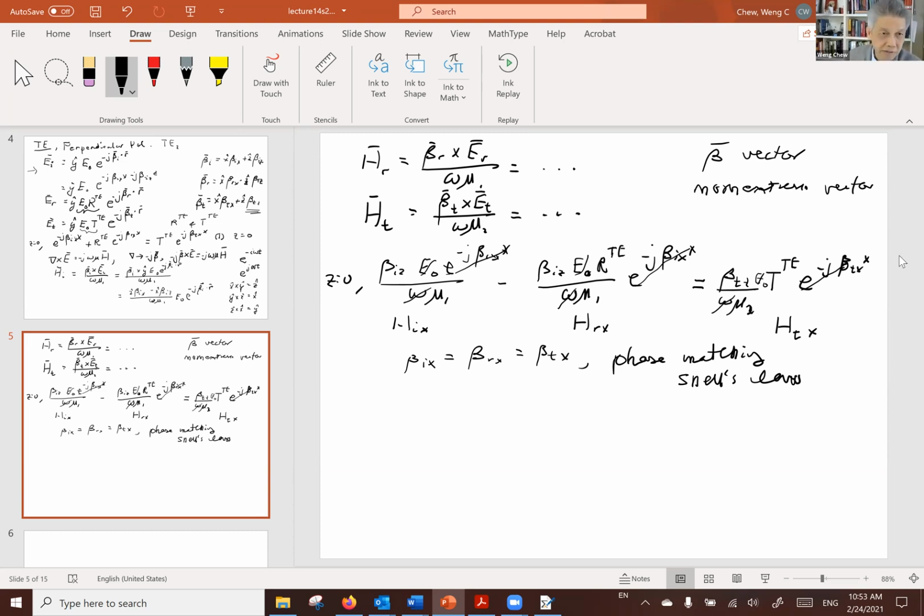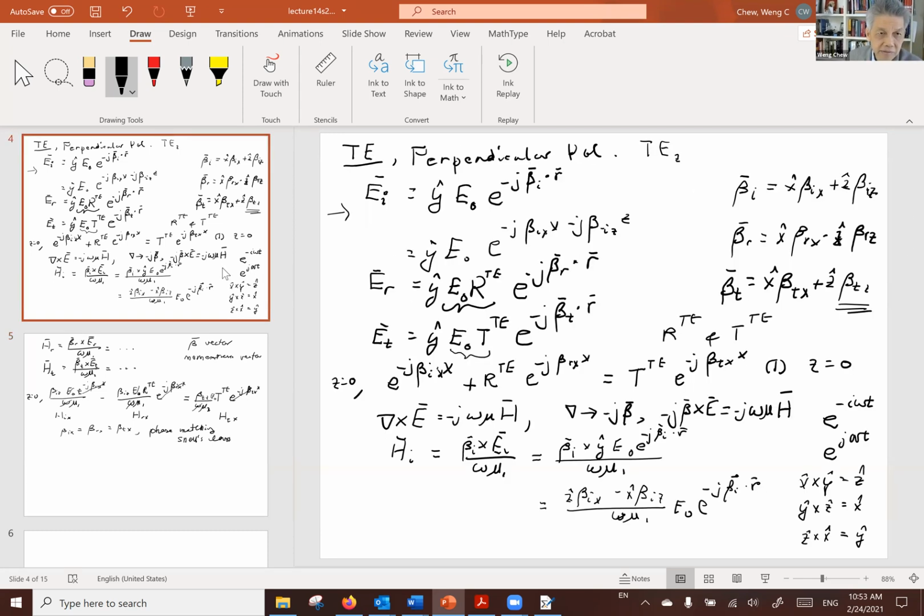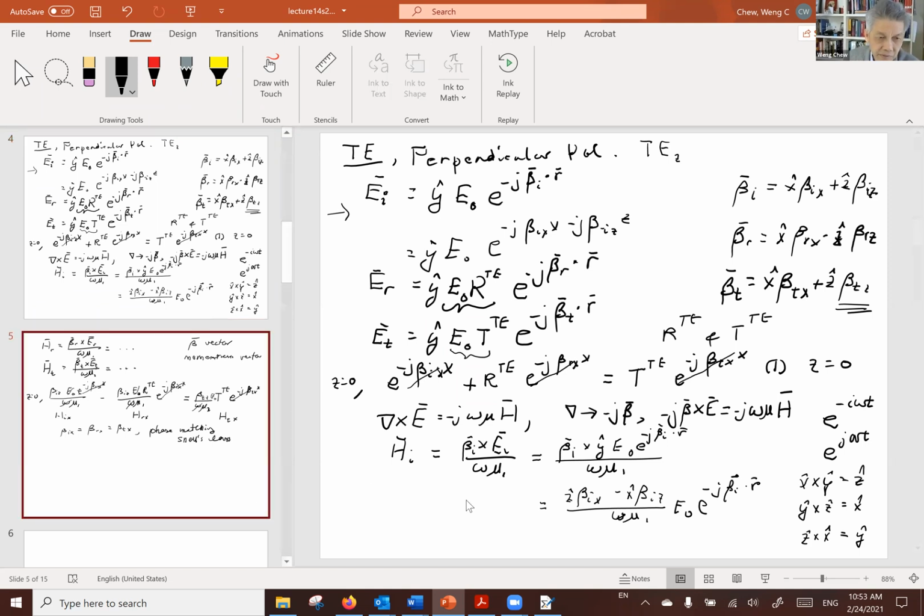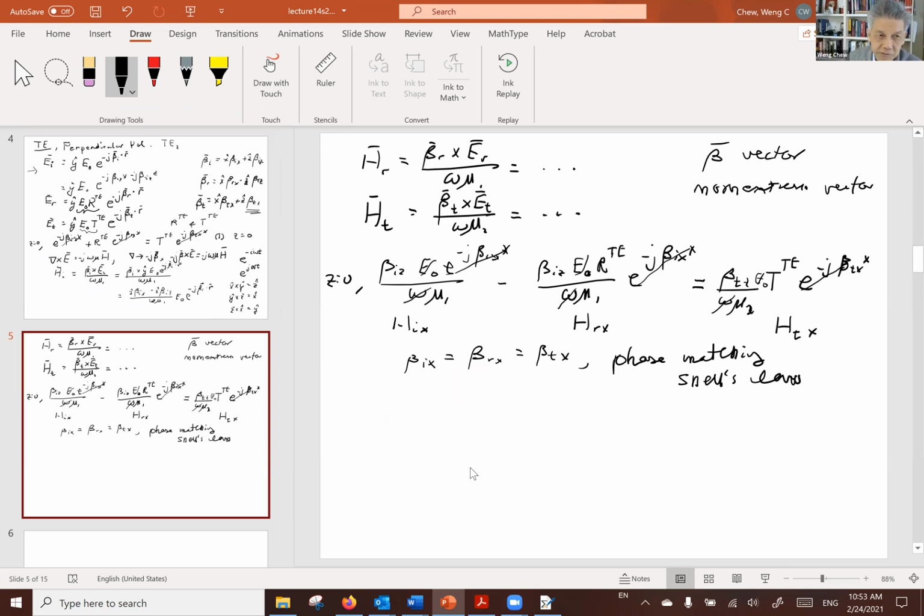If you look at the first equation, you can also cancel the phase out because they are now the same phase. And then what you have is two simplified equations. The first equation gives you, from the previous slide, 1 plus R_TE is equal to T_TE. That's from equation 1.